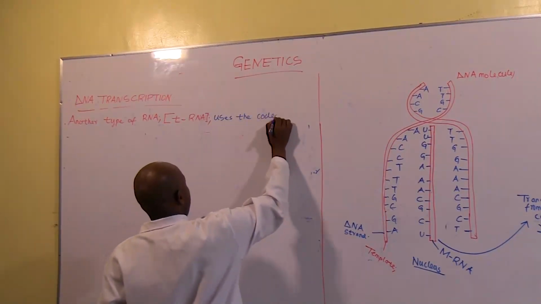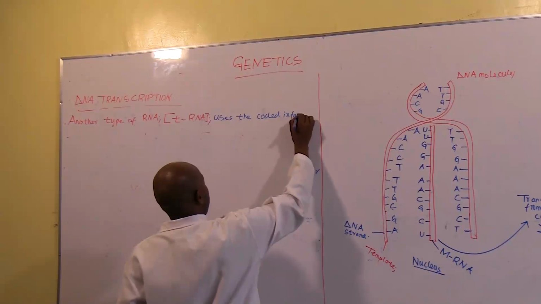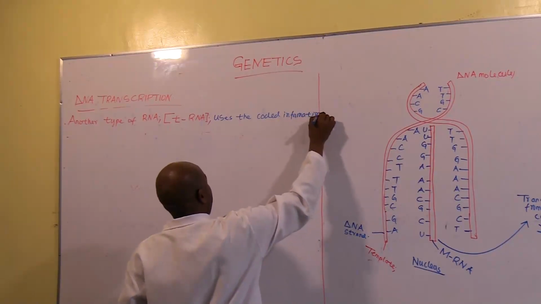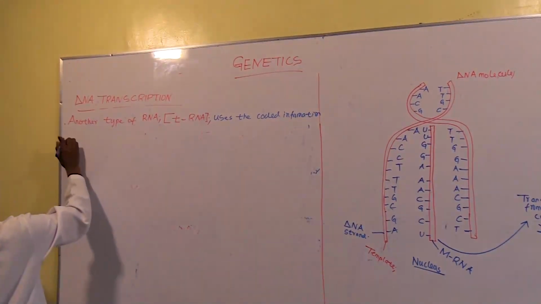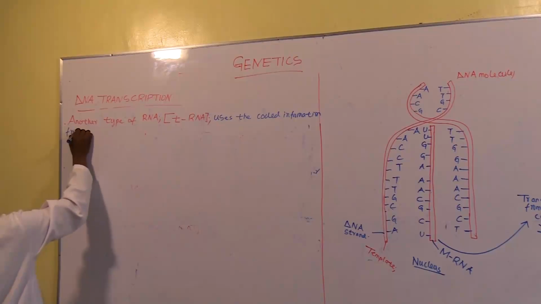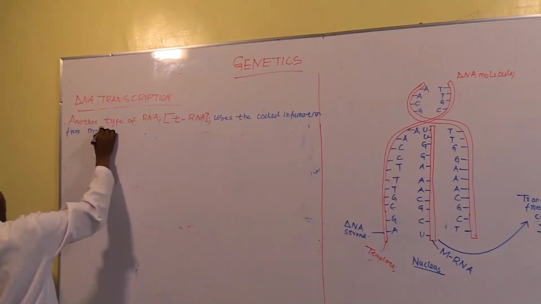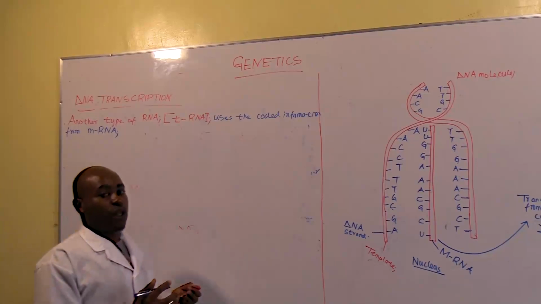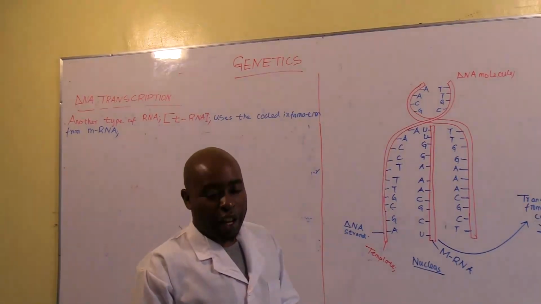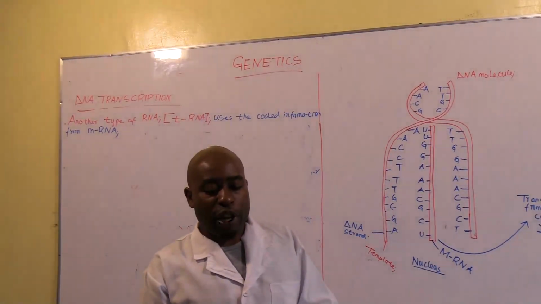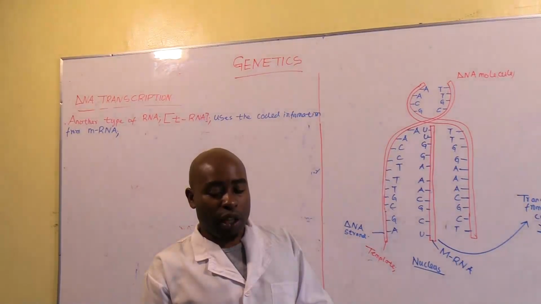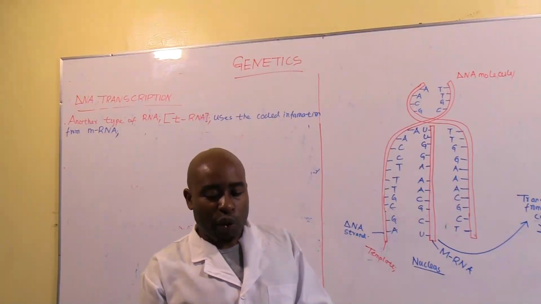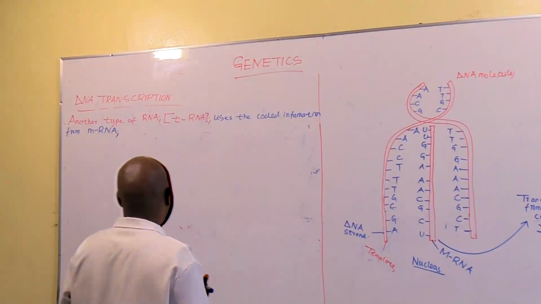This coded information will be used by the transfer RNA that has been assembled along the ribosomes, within the cytoplasm, to be able to form protein polypeptide chains.